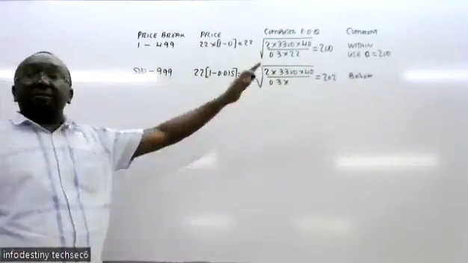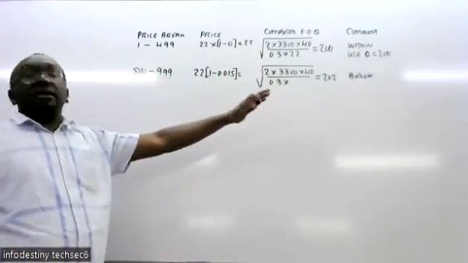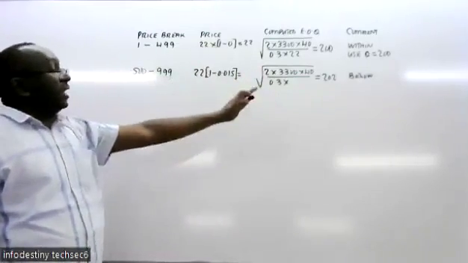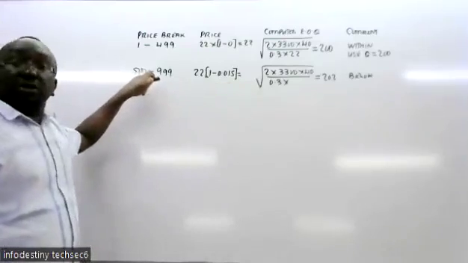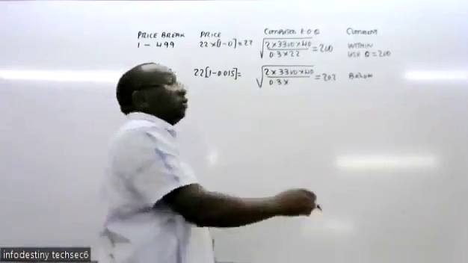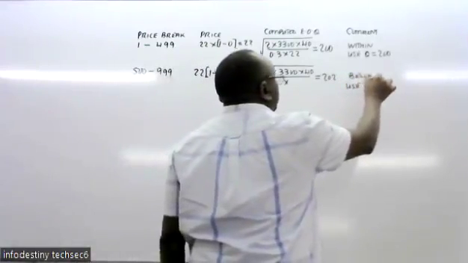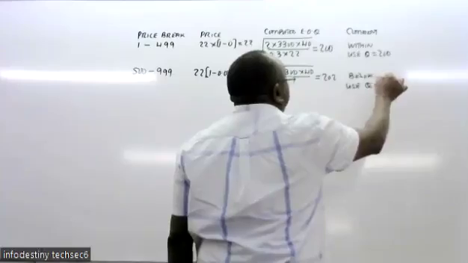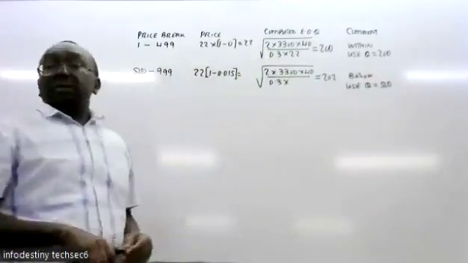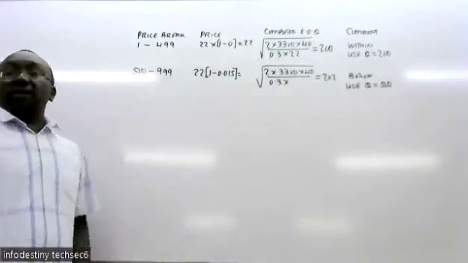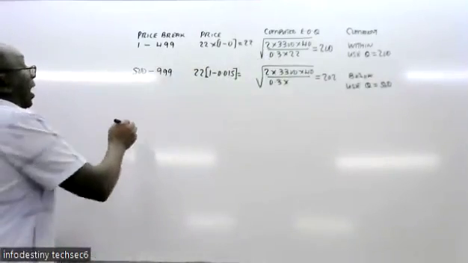You should always round it up, even if there's a 0.1. Whatever the case, it is below this. So if it is below, you use the lower limit. So we are going to use Q being equal to 500.